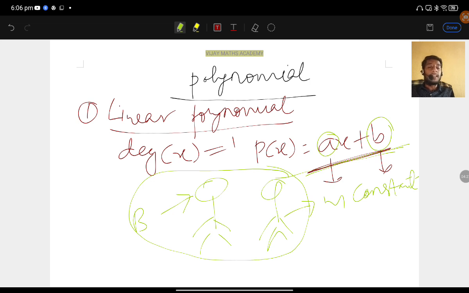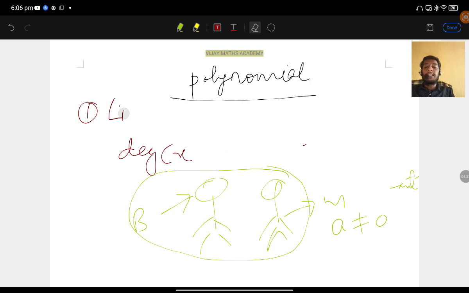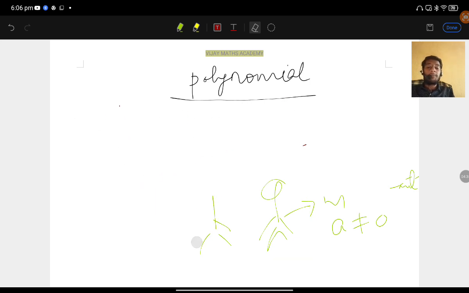Where a is a real number which is not equal to 0. Next we will go through the second type, that is quadratic polynomial. Already you might be thinking about what quadratic actually means.